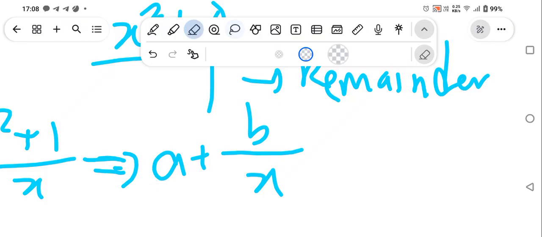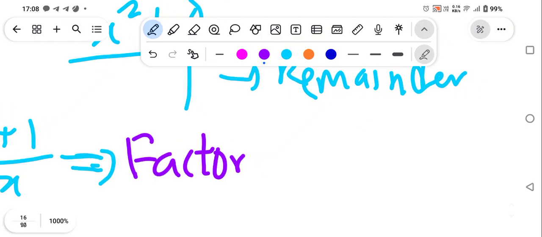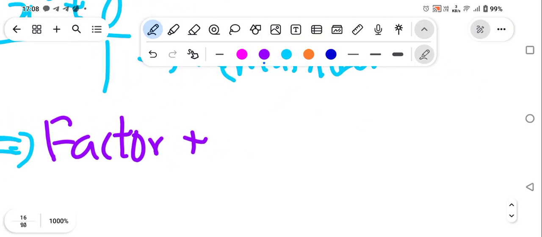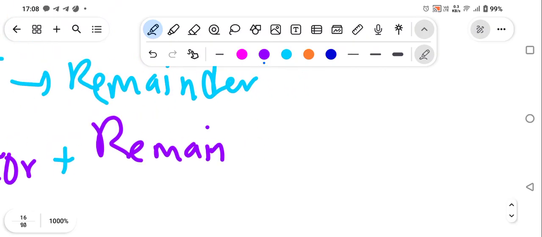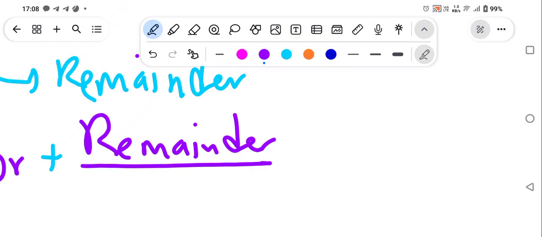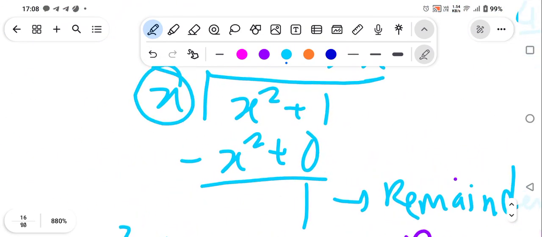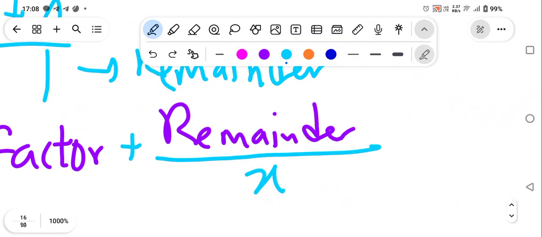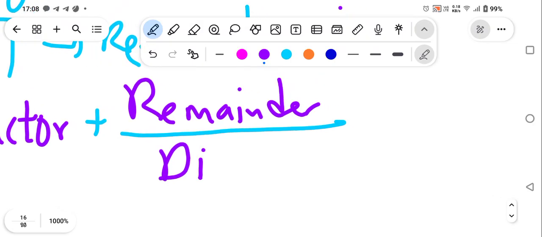So from what we know, this is a factor, plus remainder over x. This x is what we call the divisor. Let's just call it divisor. This is the form that you need to remember, or basically just common sense.